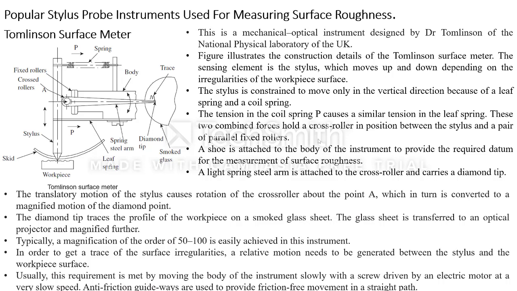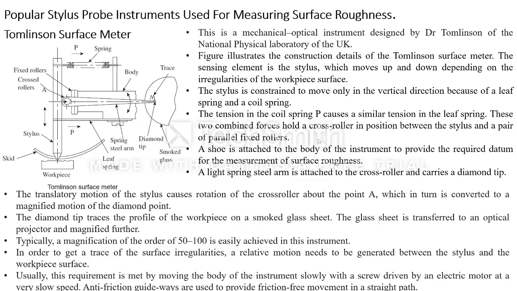So all these properties in gears or any other product improve if we control these parameters. For this reason we need to measure the surface roughness, which in turn measures the finishness of the product.